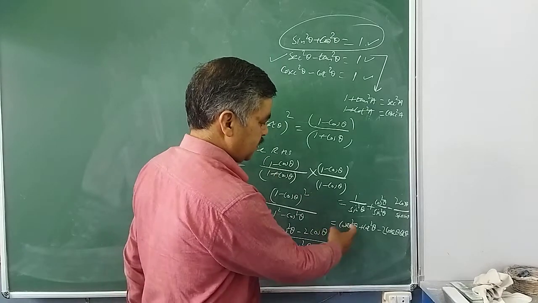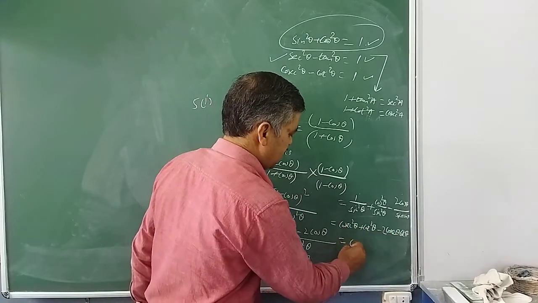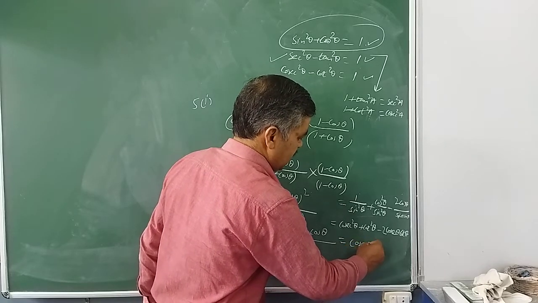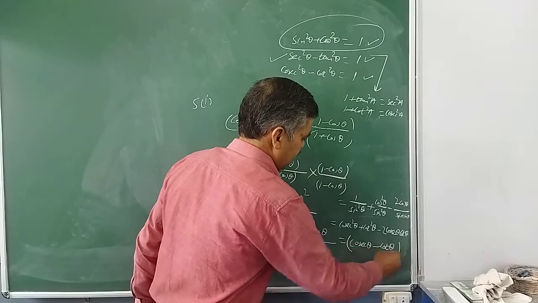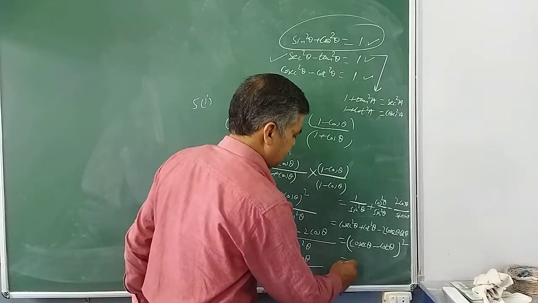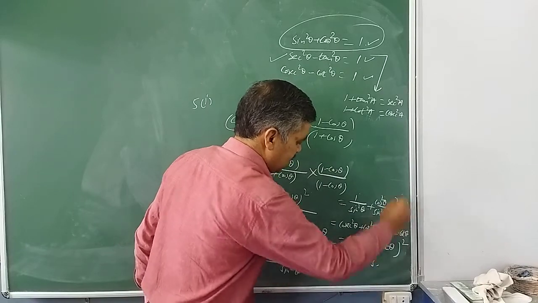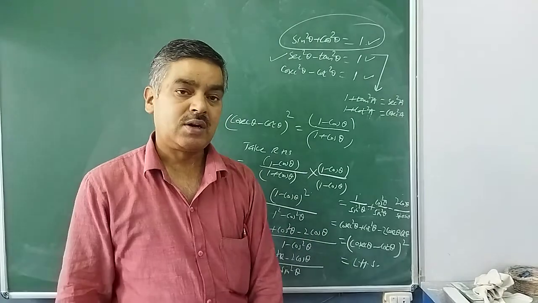So a square plus b square minus 2ab, where a is cosec theta and b is cot theta. So I will be getting a minus b whole square, that is your left hand side. So in this case I started with the right hand side and I reached the left hand side.